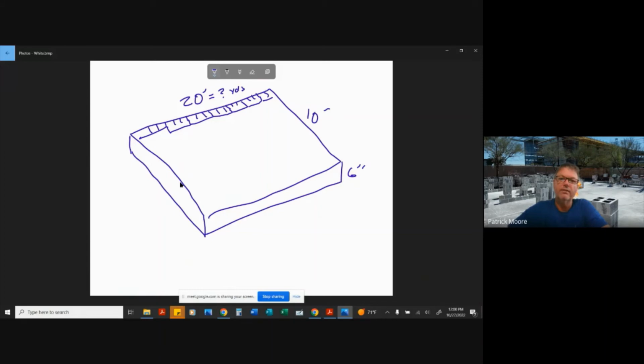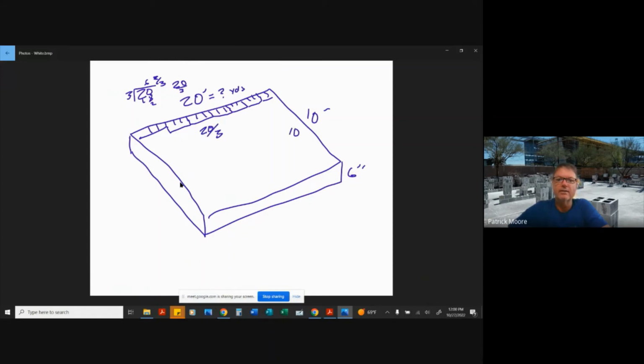So if there's 3 feet in a yard, what's 20 divided by 3? 3 goes in, 6 is 18, and then 2 left over. So it's 6 and 2 thirds. 20 thirds, haha. You didn't even have to do a division to find that out. So this is 20 thirds of a yard.